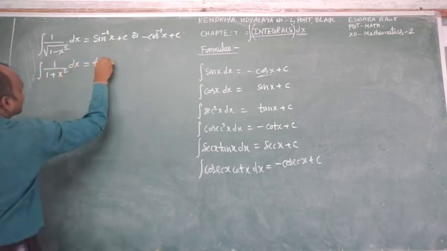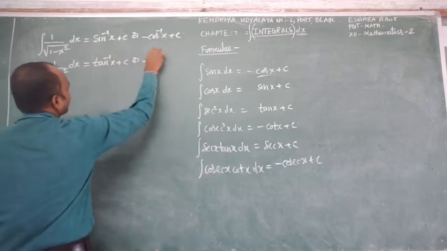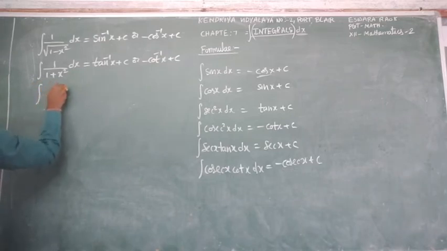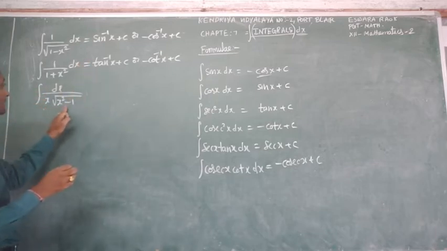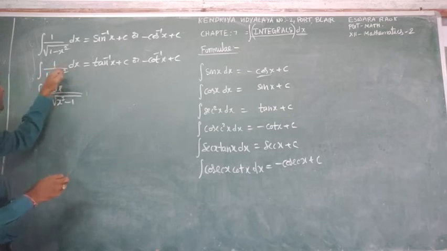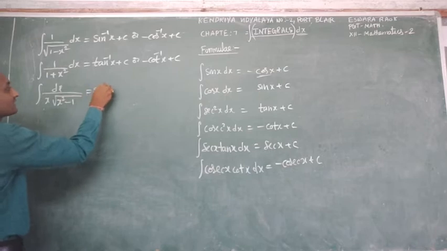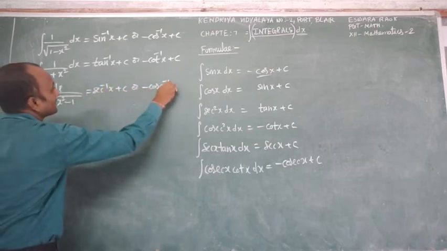Tan inverse x plus c or minus cot inverse x plus c. What is the integration of dx by x root x square minus 1? I can even write this as 1 by x root x square minus 1 into dx. That is also fine. They can write dx by also, since 1 into dx is dx. It is secant inverse x plus c or minus cosecant inverse x plus c.